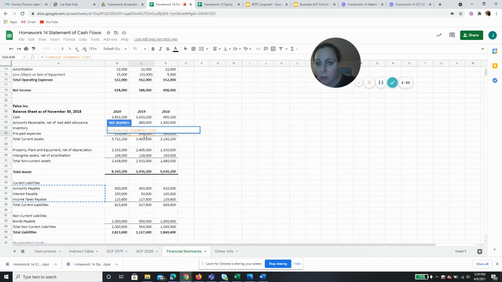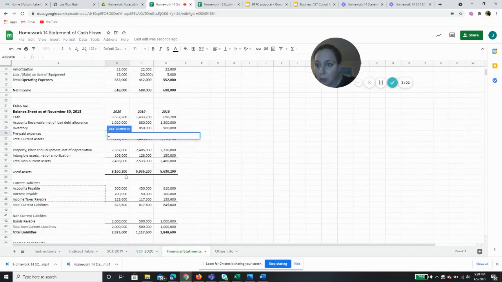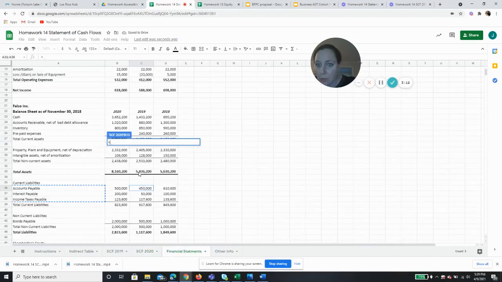2019 subtract 2020. Okay, we're going to do the opposite for our liabilities, because if our liabilities increase, we add, and if our liabilities decrease, we subtract. So we'll take 2020 and subtract 2019 for accounts payable. And we're going to do the same thing for interest payable, 2020 minus 2019.